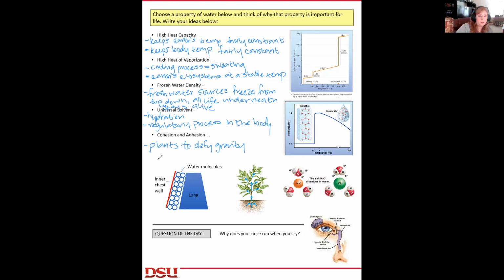Okay, so it allows plants to defy gravity, but this is also important in what happens to our lungs and our chest cavity when we breathe. And we'll actually get into topics like that with our lungs, and then also with the kidneys and the regulatory processes as we move through this semester. So this will come up again, if you will.